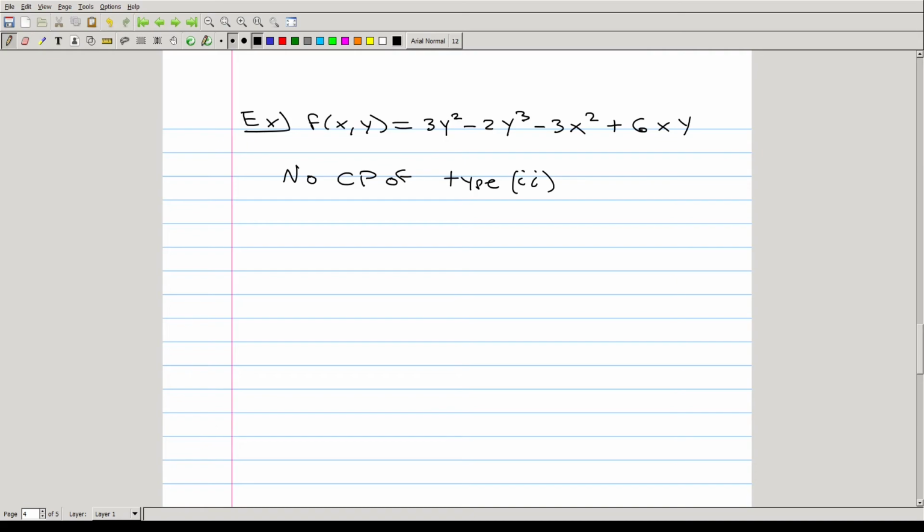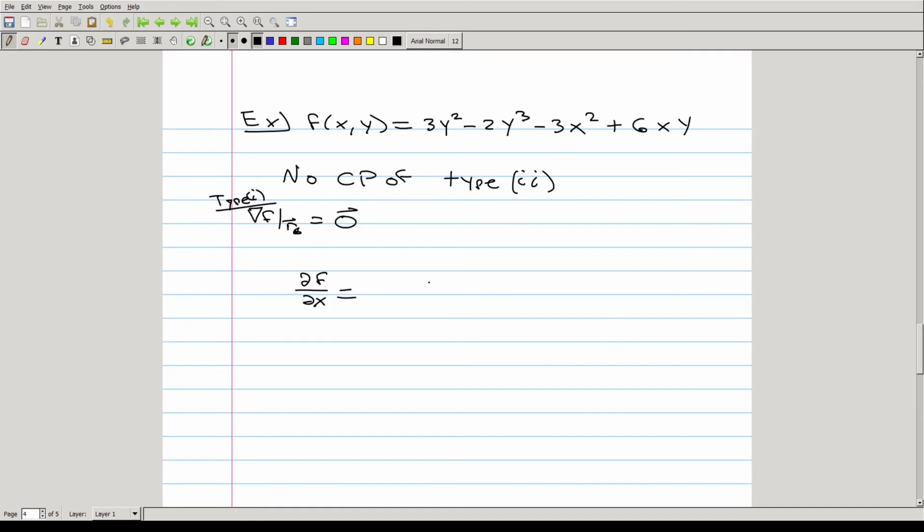So this leaves us with one and only one other option for critical points, and this is points where the gradient vector is equal to 0. For critical points of type 1. So in order to solve for these points, we have to go through and look at the partial derivatives.